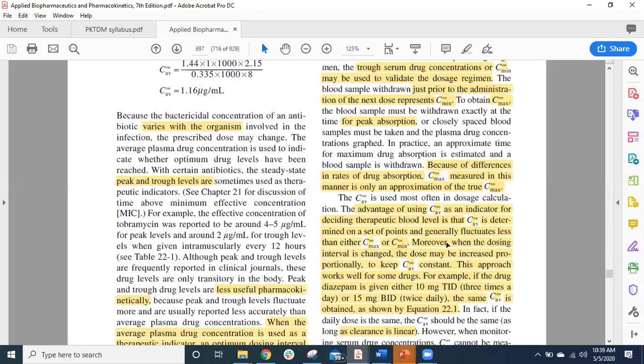Cmax sometimes can go above the toxic concentration as well, and C minimum can go a lot lower than the required concentration. So these are the problems with the Cmax and C minimum, and we can go for the C average. Okay.